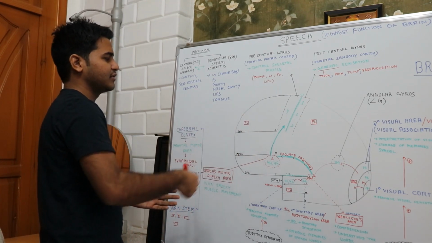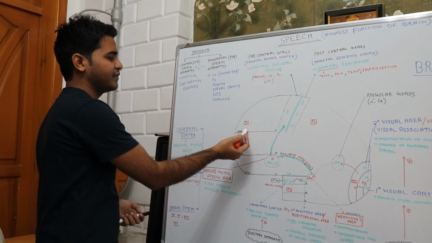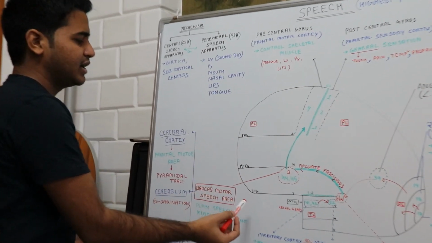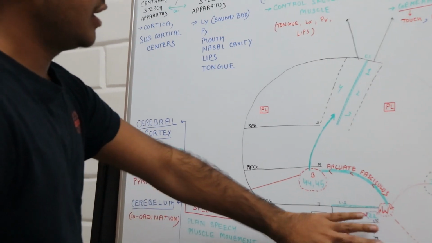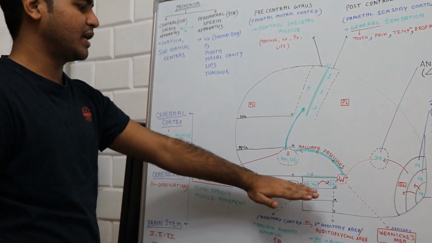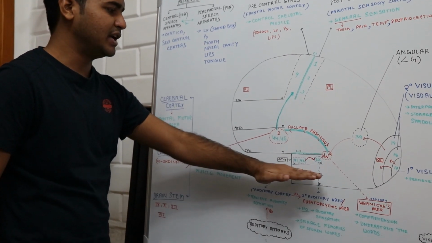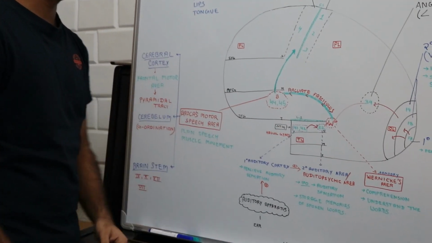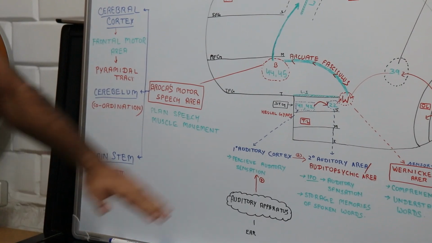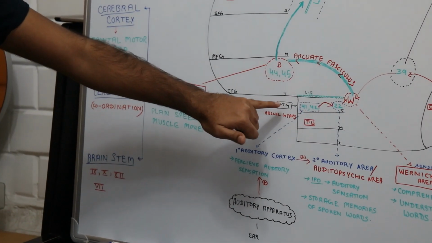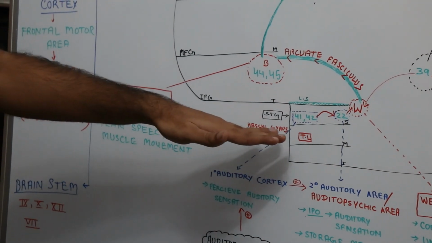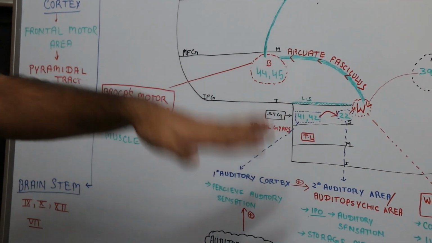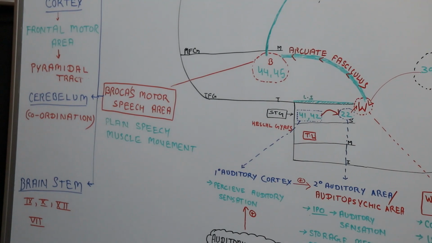In the frontal lobe, we have the superior frontal gyrus, middle frontal gyrus, and inferior frontal gyrus. In the temporal lobe, we have the superior temporal gyrus, middle temporal gyrus and inferior temporal gyrus. The superior temporal gyrus is also known as Heschl's gyrus, a very important name.